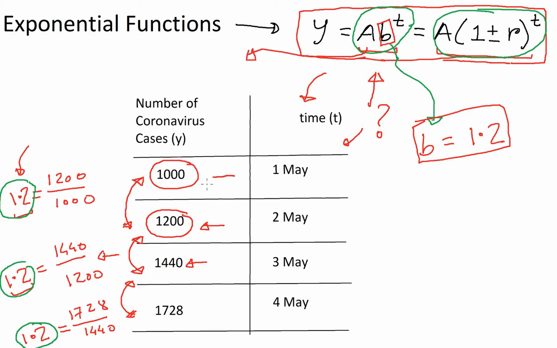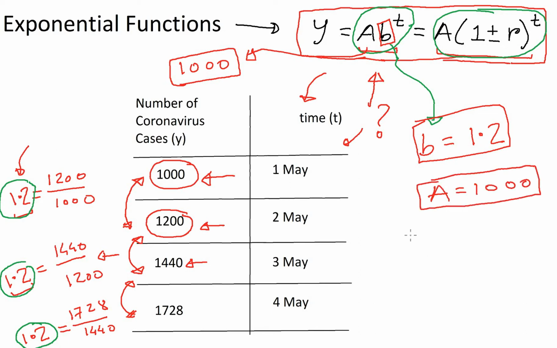The initial number of cases was 1000. So in this case a would be 1000, and that's it. Remember, you just need these two things to find the function. So our function is y equals 1000 into 1.2 to the power t.